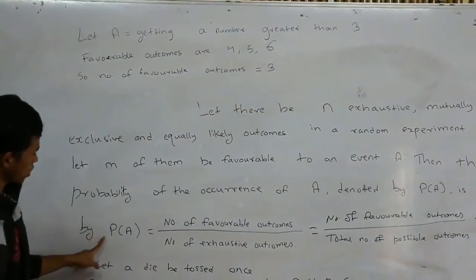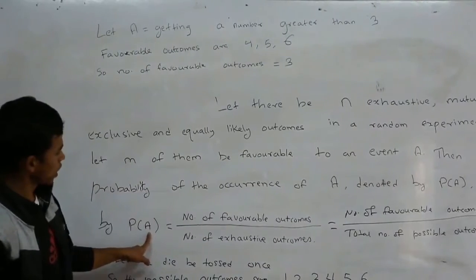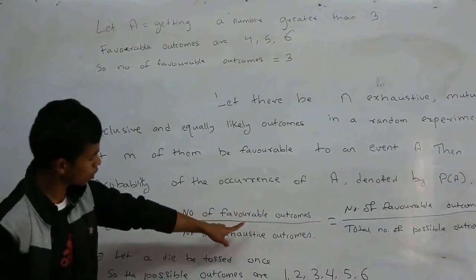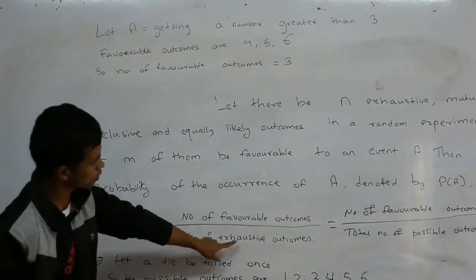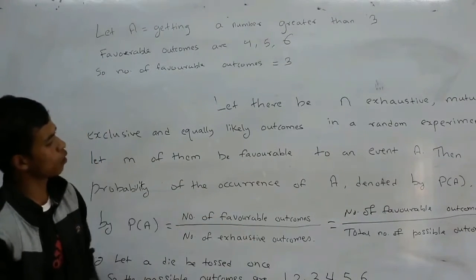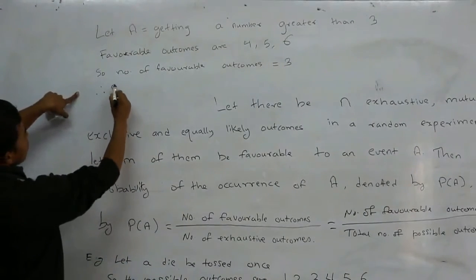Then by this definition, the probability for the occurrence of the event A is defined as the number of favorable outcomes divided by the total number, meaning the number of exhaustive outcomes, or the total number of all possible outcomes.